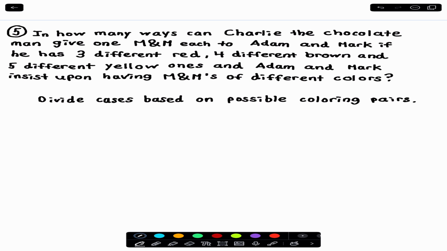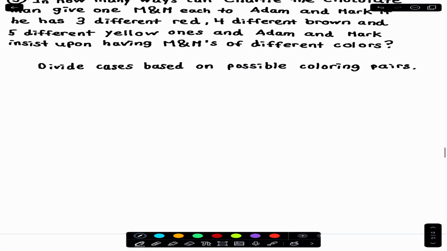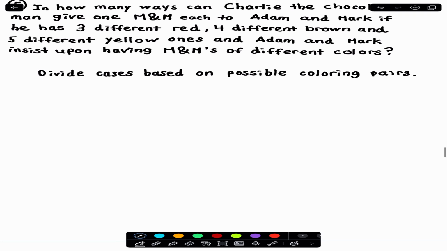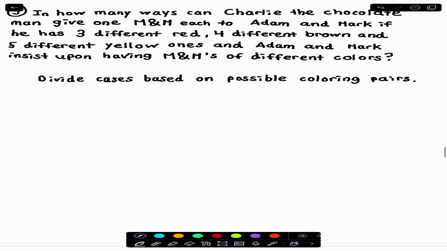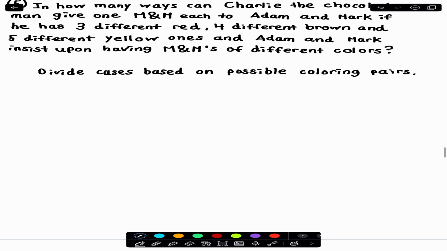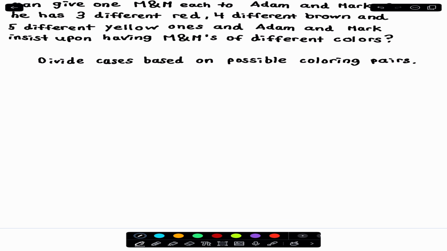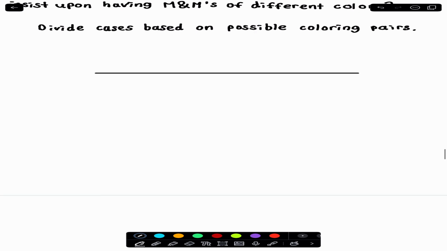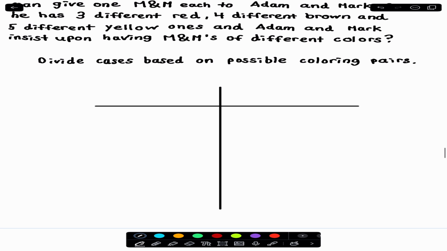Well, what I'm going to do is first we are going to decide the coloring pairs that are actually allowed to be given out. To do that, I'm going to make a very organized chart here. Nothing too crazy, just a little chart. So on this side, we're going to write Adam. On this side, we are going to write Mark.